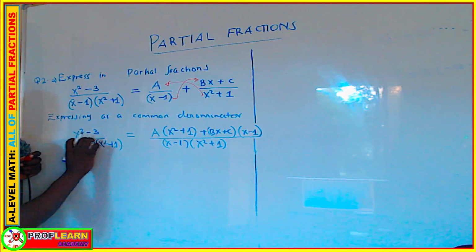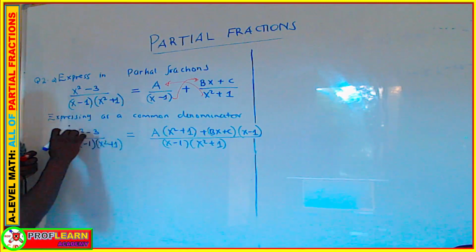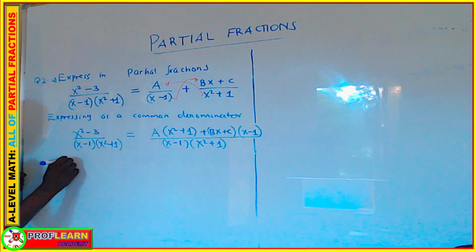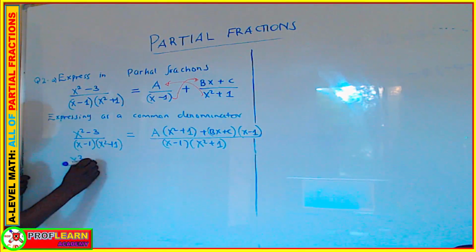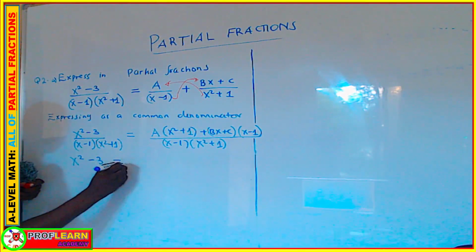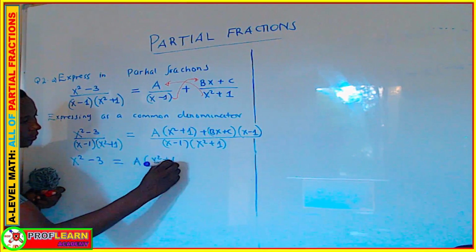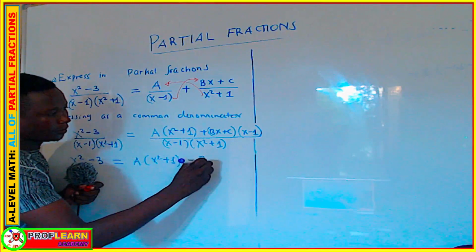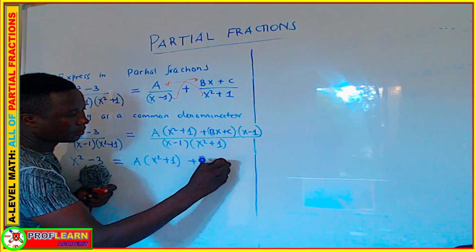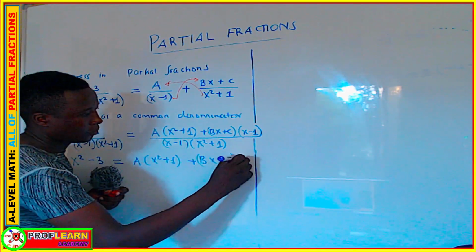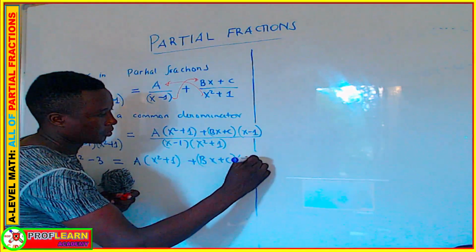Since the denominators are equal, the numerators must also be equal, so x squared minus 3 is equal to A(x squared plus 1) plus (Bx plus C)(x minus 1).